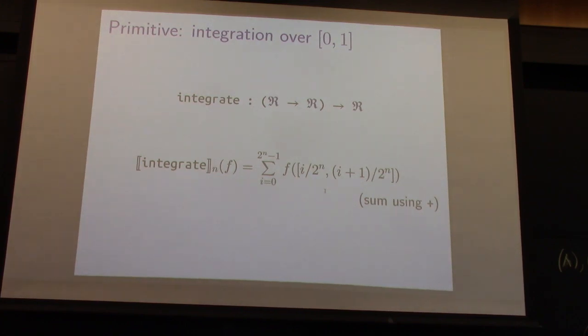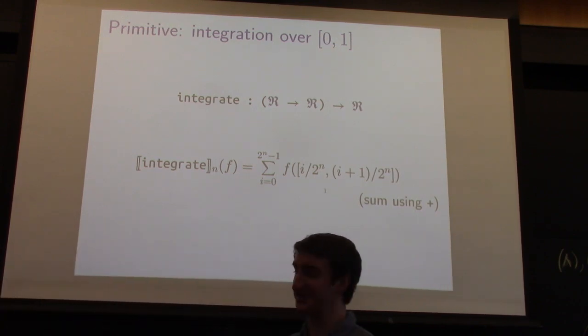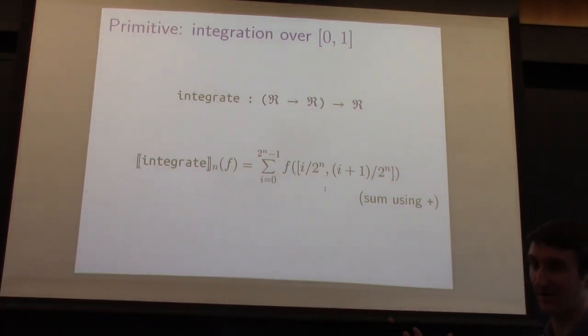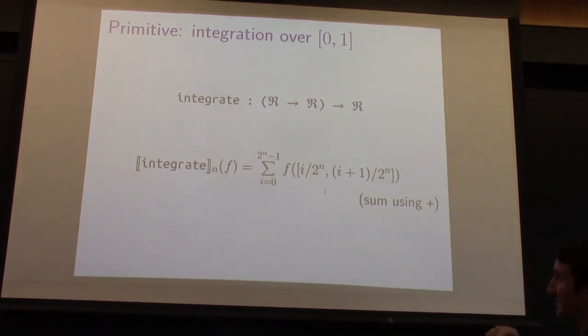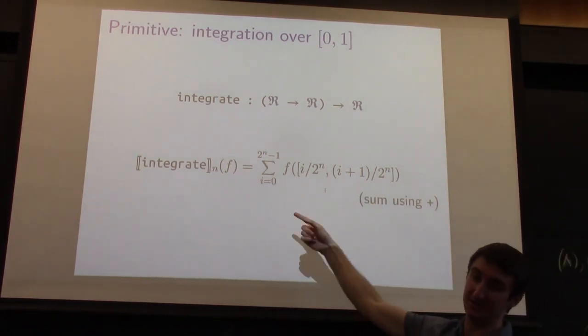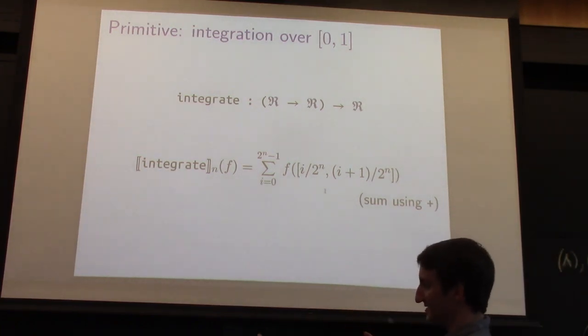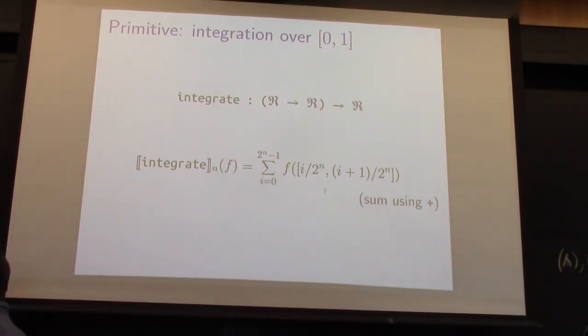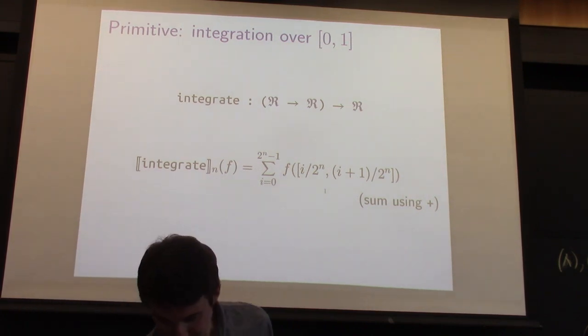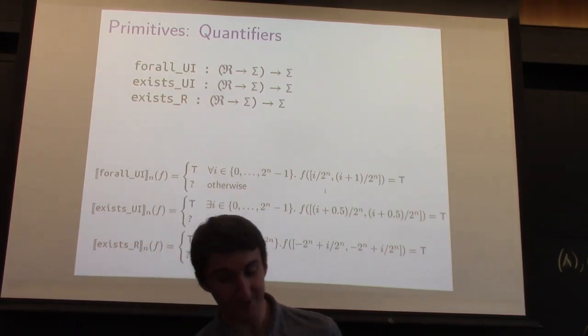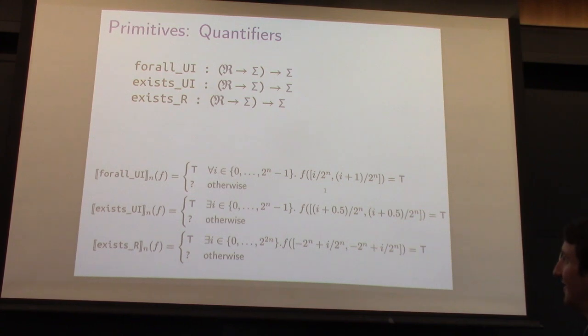And then this will give me another interval approximation of f's behavior. It might not be good, but as I feed it finer intervals, I'll get tighter outputs. And so this will give me a stream of approximations to the integral. And we know that as I subdivide further, the approximations will get better.